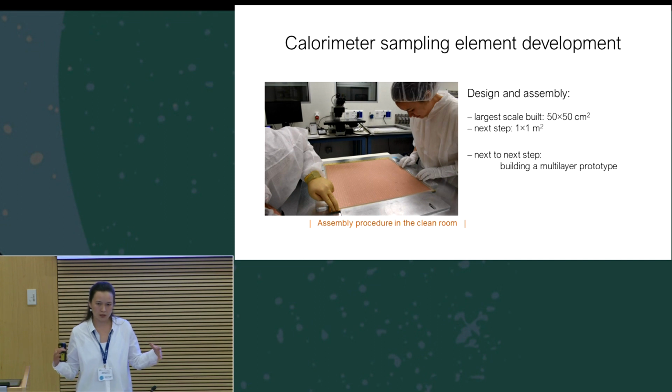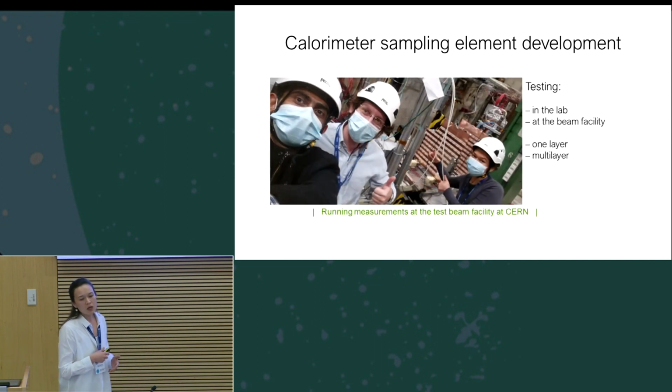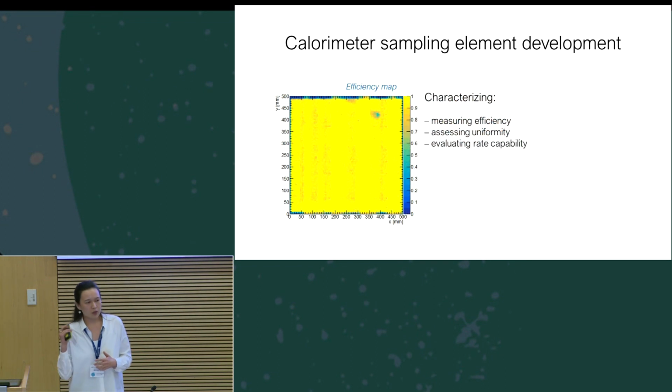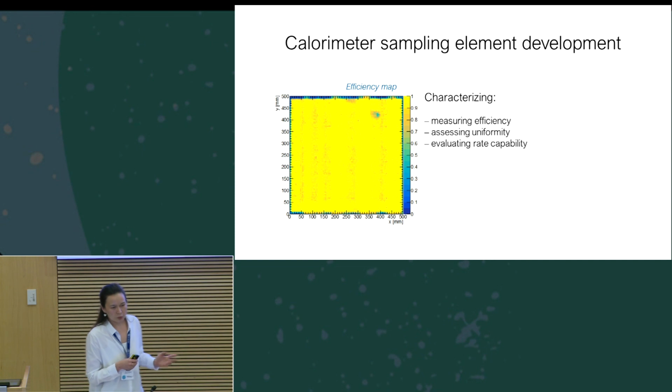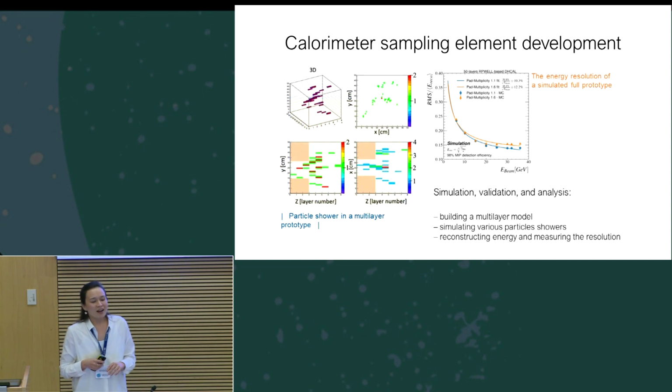The largest we have is 50 by 50 centimeters. Then, of course, we test our detectors in the lab and at the test beam facility. Then we characterize it, so we analyze the data. Here you can see the efficiency map of our prototype, which is almost 100% efficient. We also assess the uniformity, and we measure many other things.